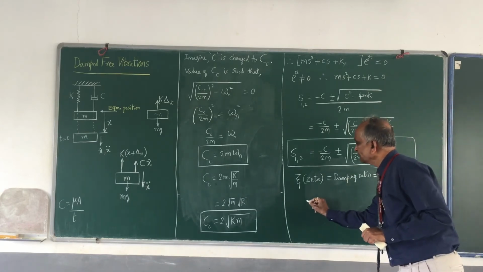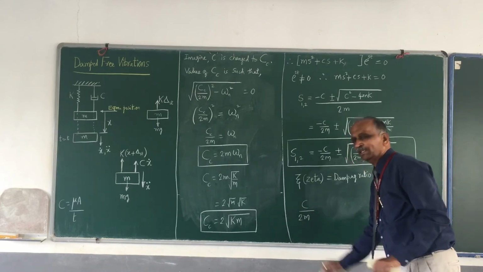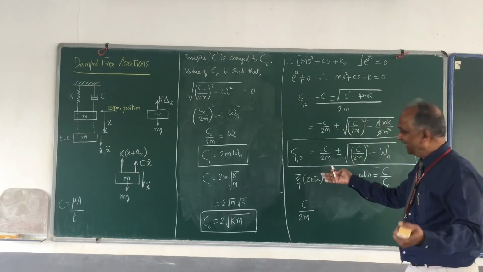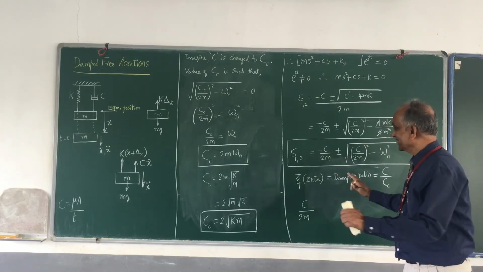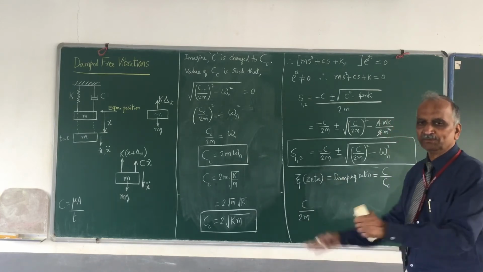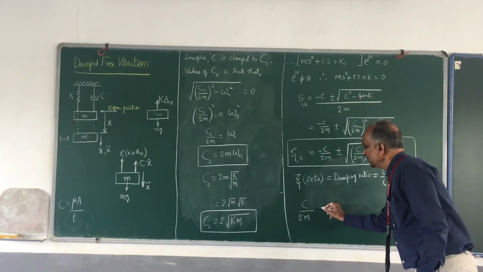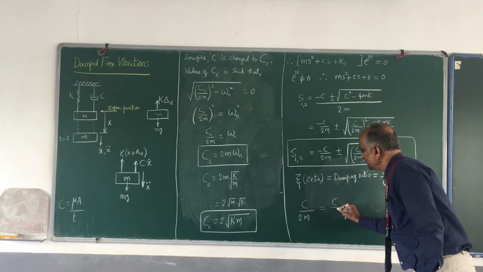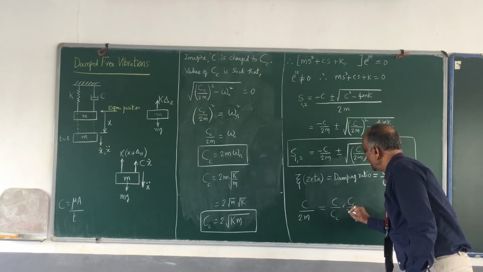Now I have something. A small manipulation, I should say. Since I have a term here, C by 2m, can I replace C by 2m in terms of zeta? That's what I am trying to do. Can I write it like this: C by Cc multiplied by Cc by 2m?